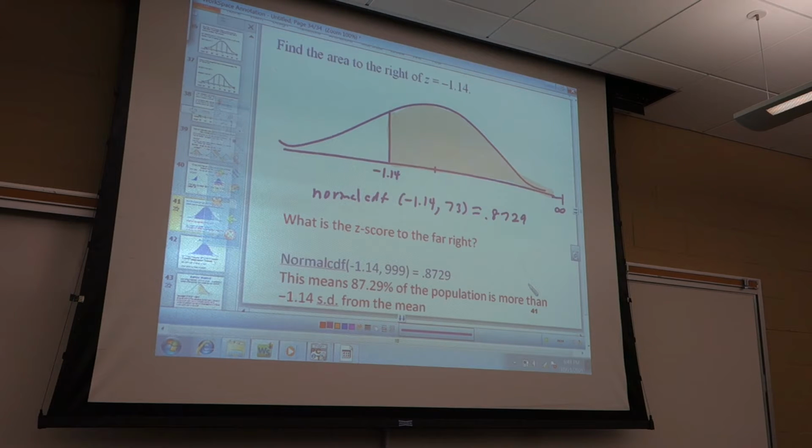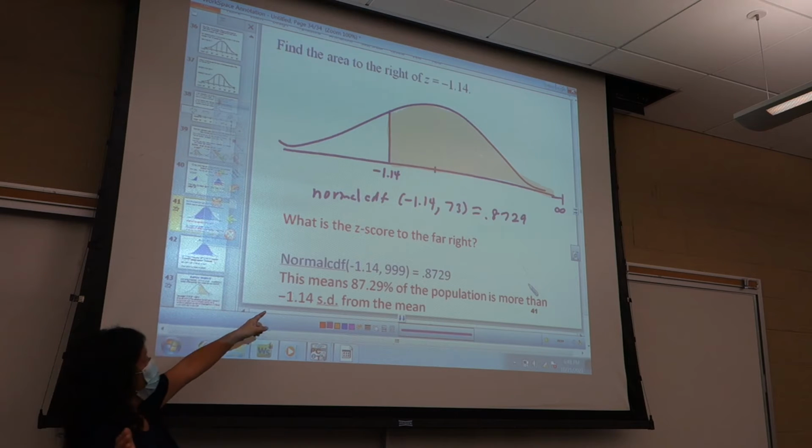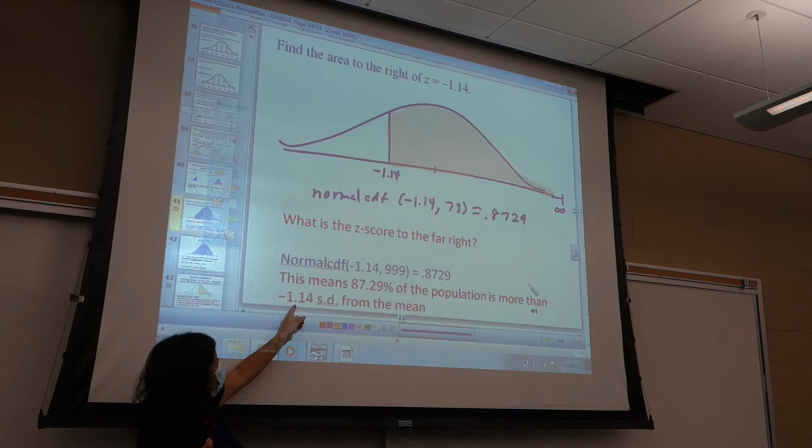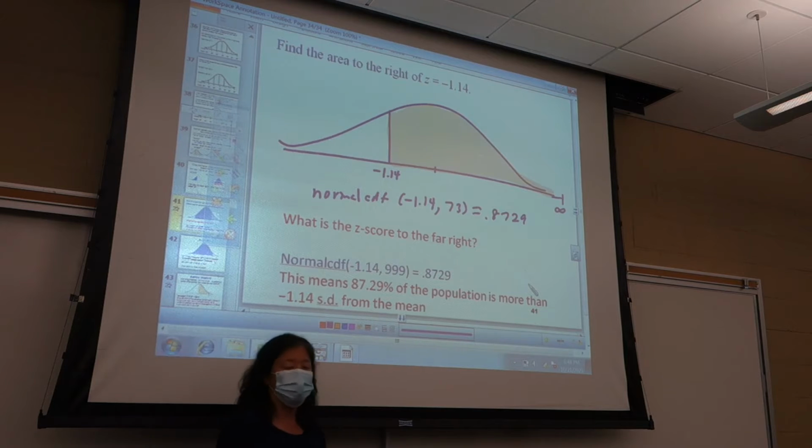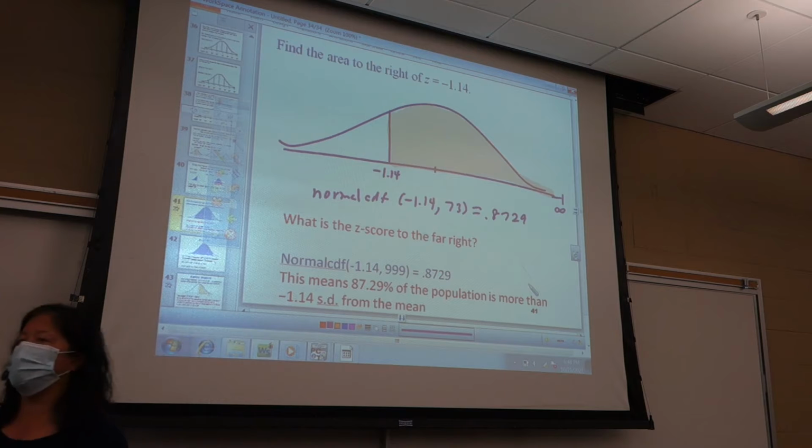It means that 87.29% of the population is more than negative 1.14 standard deviations from the mean, or has a z-score larger than negative 1.14.